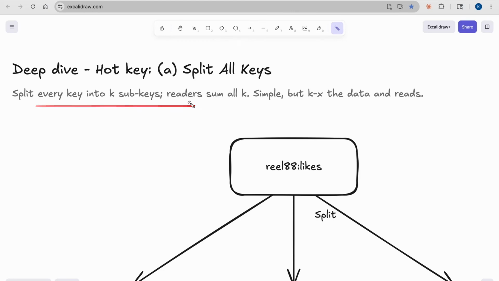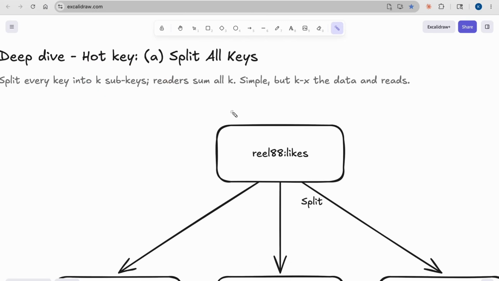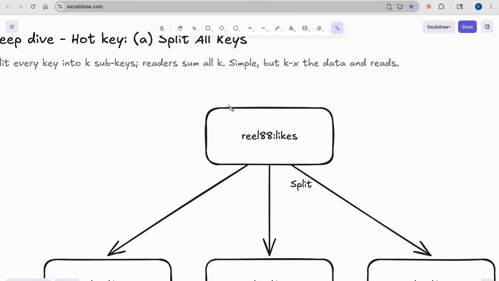The idea is that we split into k sub keys, and now writes are taken care of. For reading, we need to sum all of these sub keys. This is mostly for writing likes or comments.